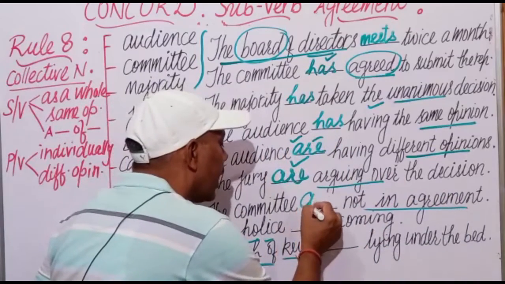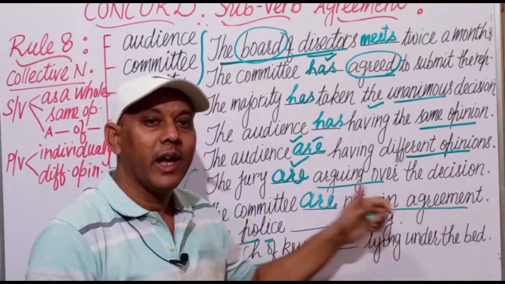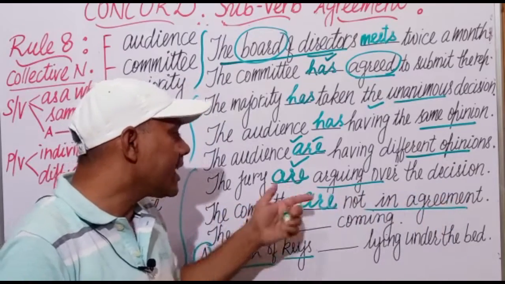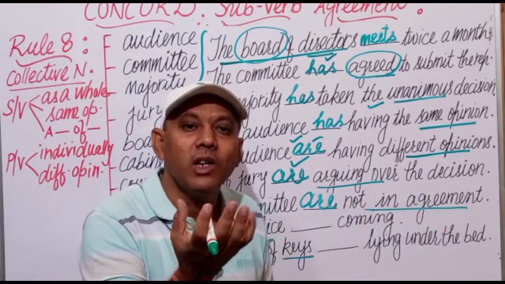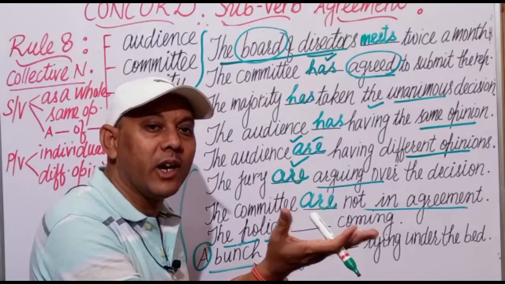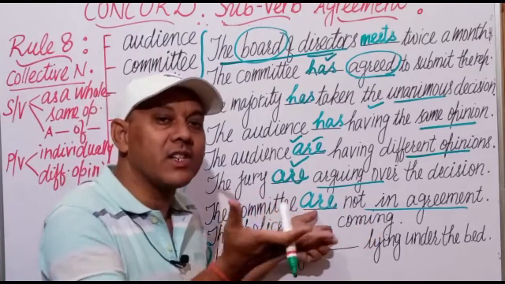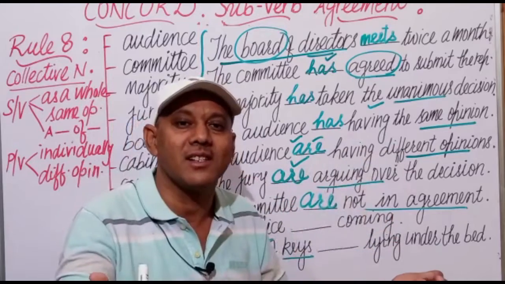So we shall use a plural verb, are not in agreement. If I say the committee dash in agreement, means has the same decision, not have. The committee has the same opinion, same decision.